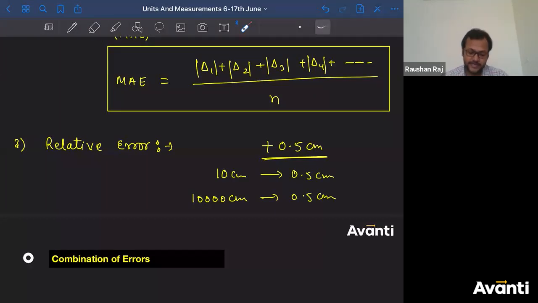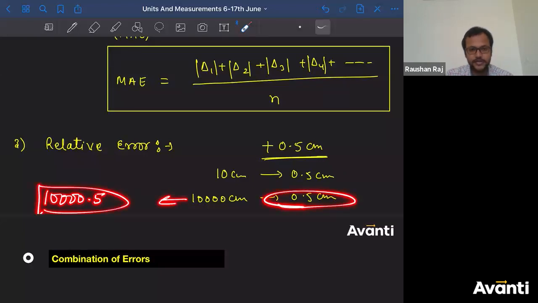When you were measuring a 10,000 centimeter long wire, there also if error is 0.5, I'll represent that error as 0.5 only, right? If you are measuring a 10 centimeter wire and if error is 0.5, you'll express that 0.5 centimeter only. Now, if you are measuring 10,000 centimeter also, and let us say the measured value is 10,000.5, again here also absolute error is 0.5.